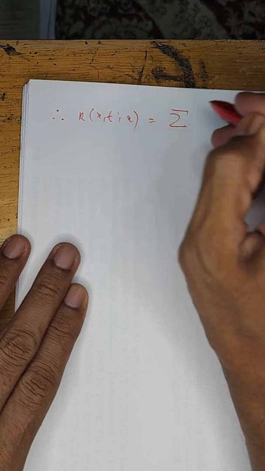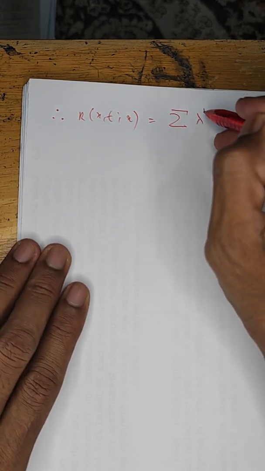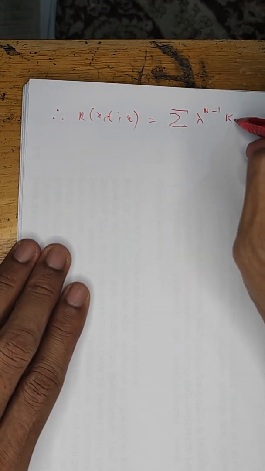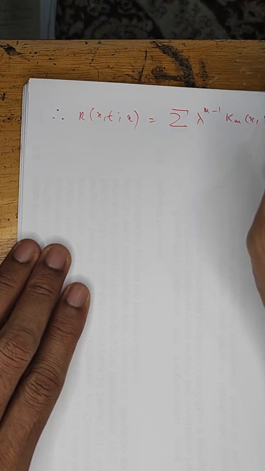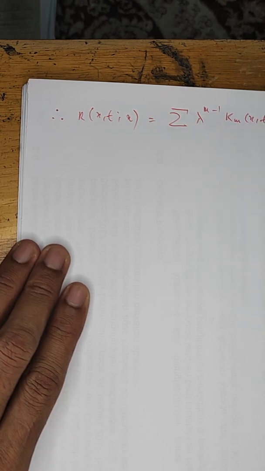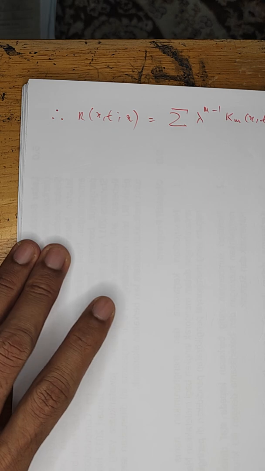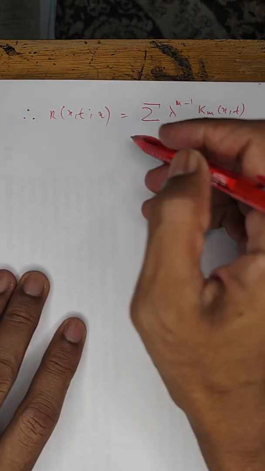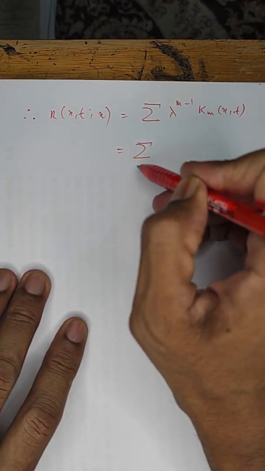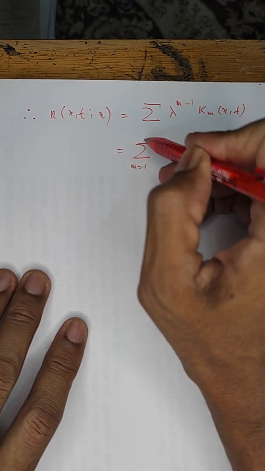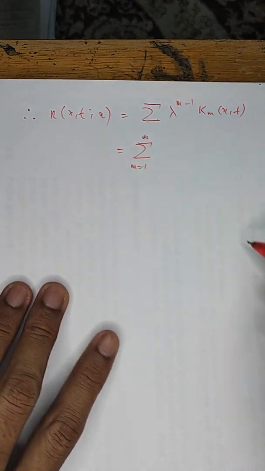By definition, this is the summation of λ^(m−1) km(x,t), for m from 1 to infinity.